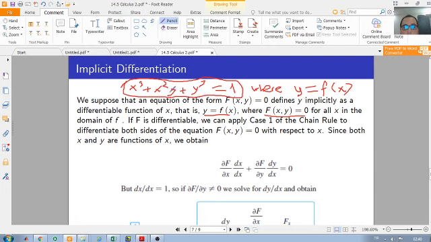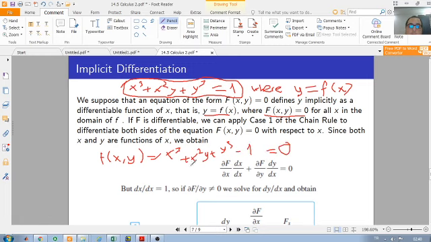Okay. So here, big F of x y is defined by moving the number to the left side. So we have x cubed plus x squared times y plus y to the power 3 minus 1 equal to 0.